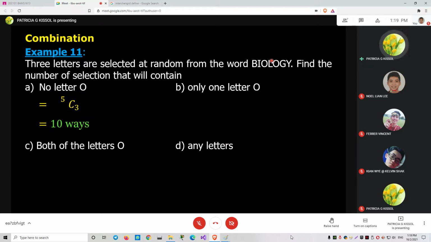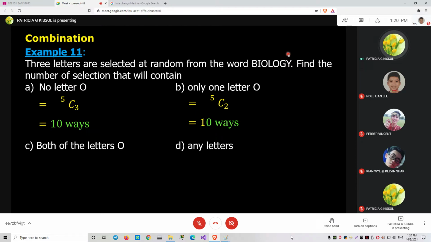So basically now we have 5 combination 2, because we only need to select 2 of the other letters, because one of the letter O is already confirmed being selected. So we only need to select another 2, which of course the other O is not included. We can only choose either B, I, L, G, and Y. And again, we get 10 ways as well.